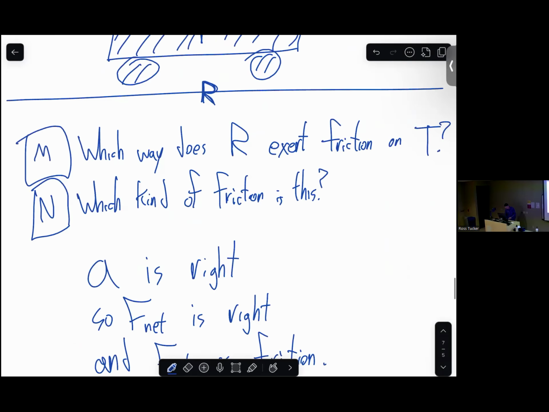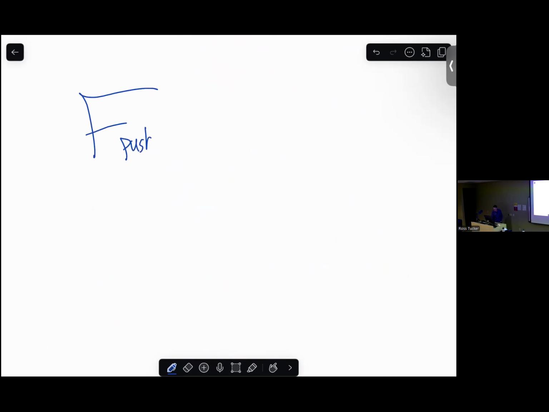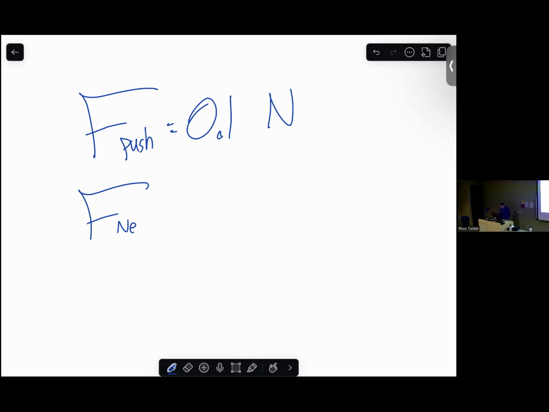Okay, so hold on. Total force means add together all the forces. If I push with force equals 0.1 newtons, and I don't know the static friction force, but I do know that total force equals 0.